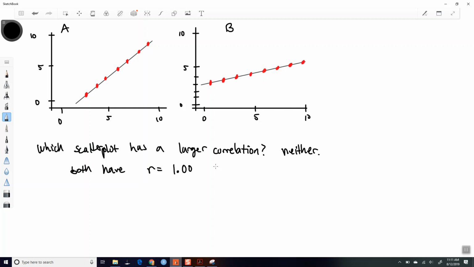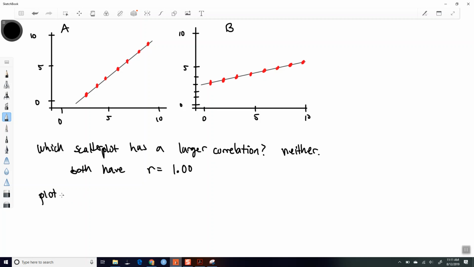So one thing is that correlation does not tell us anything about the slope. If I ask you which plot has a steeper slope, you would all say A has a steeper slope, right? I think that's easy to see, because they're on the same scale.